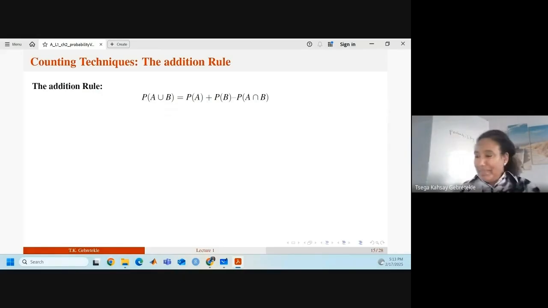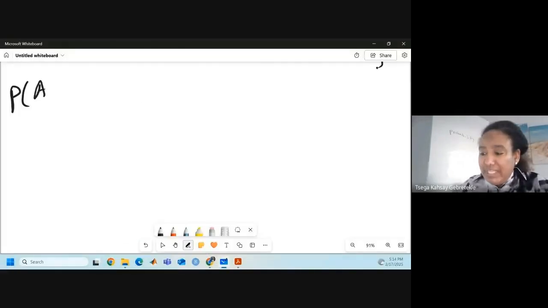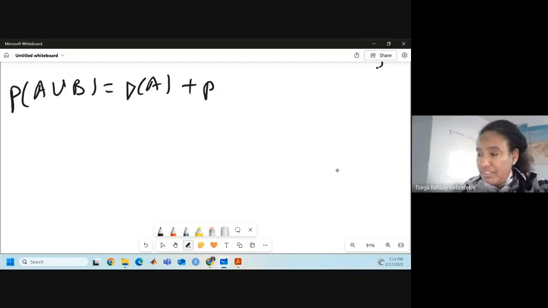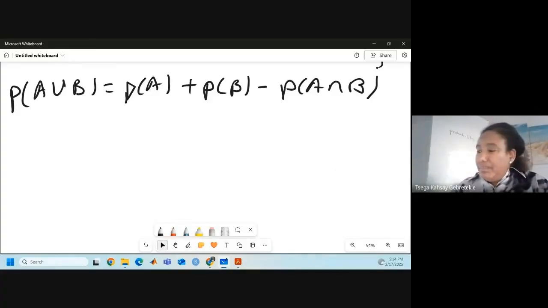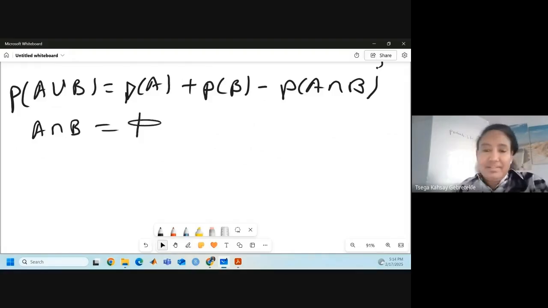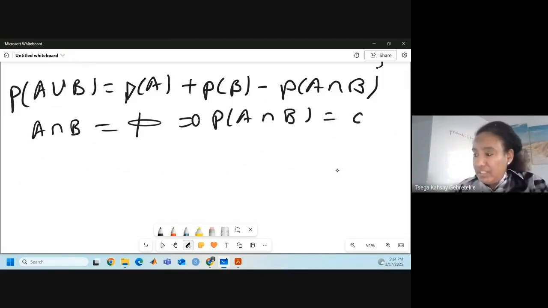Let's discuss the addition rule. In the addition rule, probability of A union B is equal to probability of A plus probability of B minus probability of A intersection B. But if A and B are mutually exclusive, it means A intersection B is empty, which implies probability of A intersection B is 0.